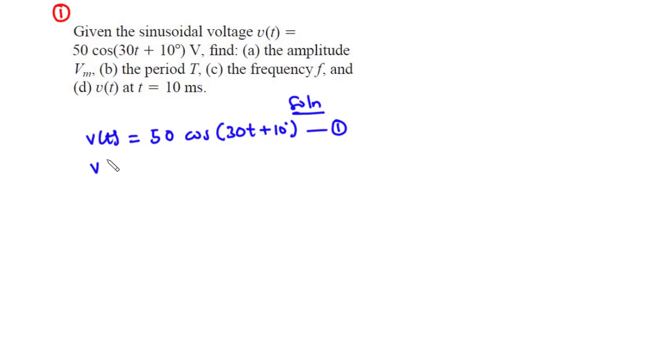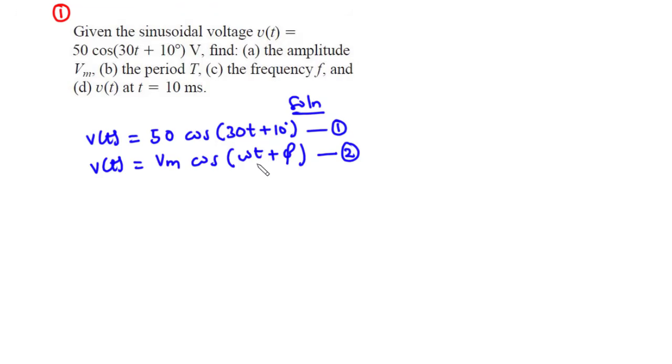And then the general form of a sinusoidal waveform, that is considering the cosine function, so we have Vm cos omega t plus phi. Now let's call this equation 2. Don't forget that we have Vm to be the amplitude, omega t to be the argument, and then omega the angular frequency, and phi to be the phase angle.